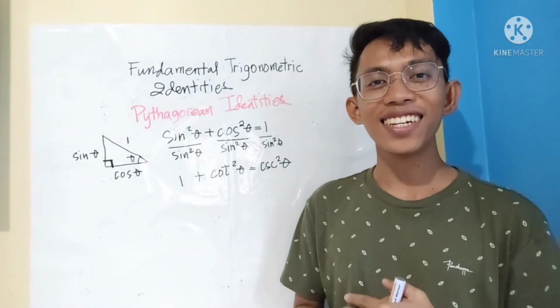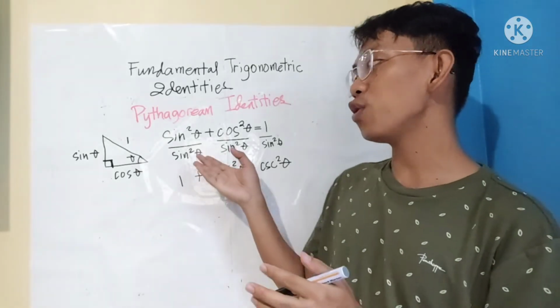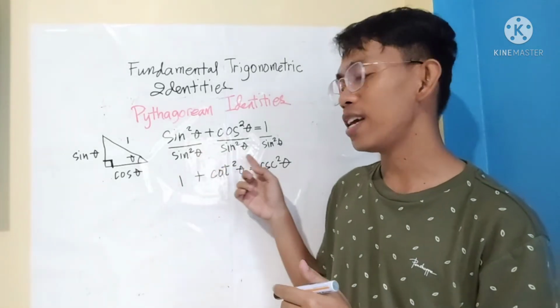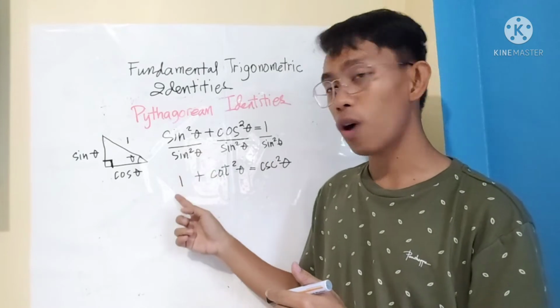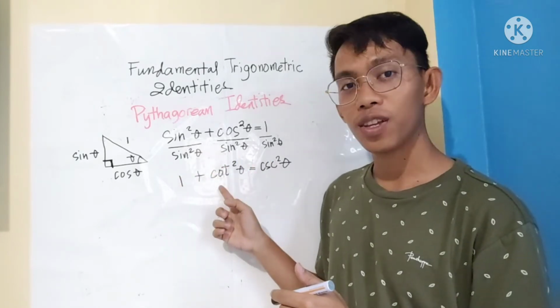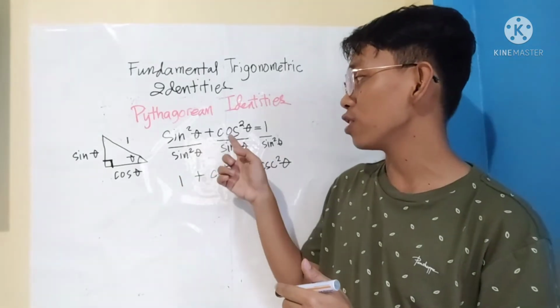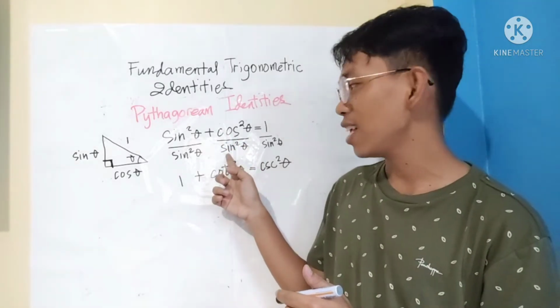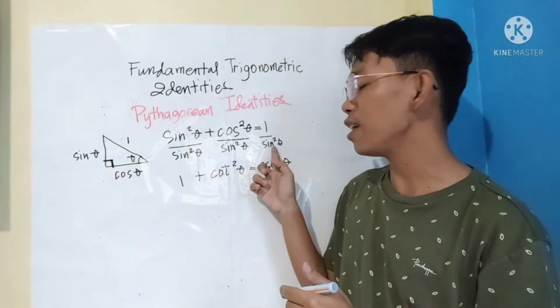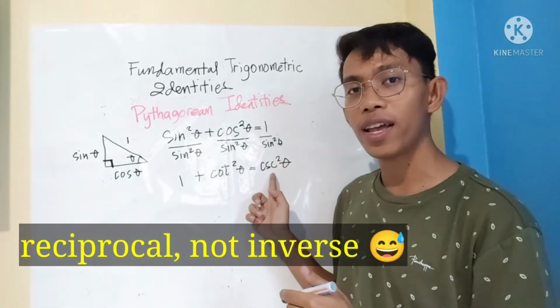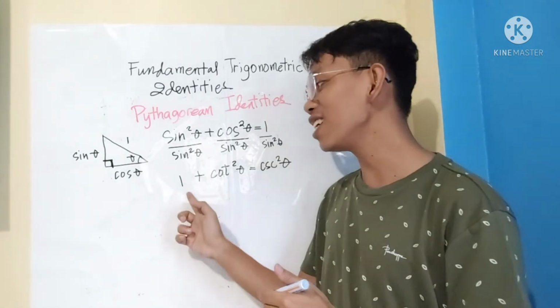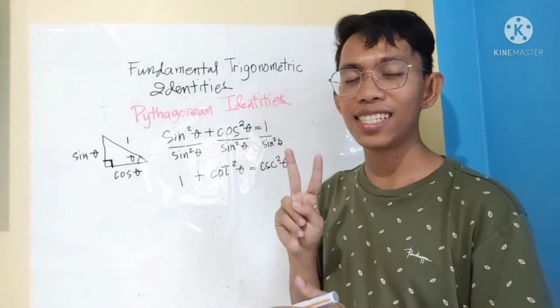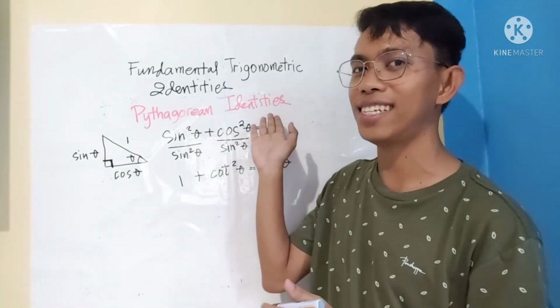So, as you can see here, dinivide ko yung buong equation by sine square theta. So, this becomes 1. This becomes cotangent square theta because this is cosine over sine. While this is the inverse of cosecant square theta. So, this is our second identity under the Pythagorean identities.